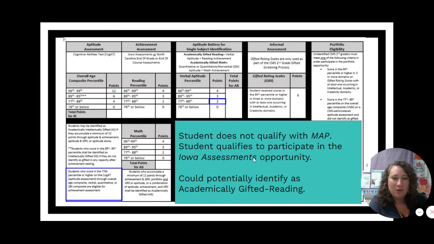The student does not qualify with MAP. Student does qualify to participate in the Iowa assessment opportunity. He or she could potentially identify as academically gifted in reading because they received 2 points for their reading verbal score.